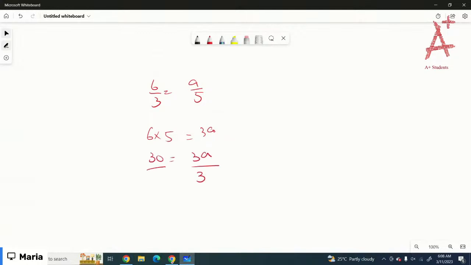Divide both sides by 3. So A equals 10, sorry, 3 times 10 is 30. So the correct option is 10.